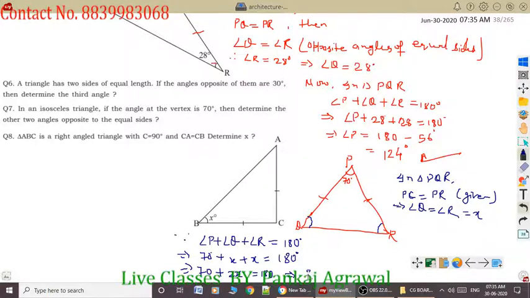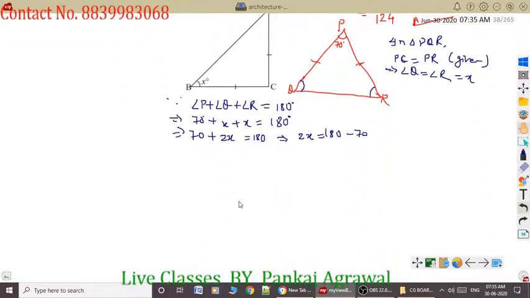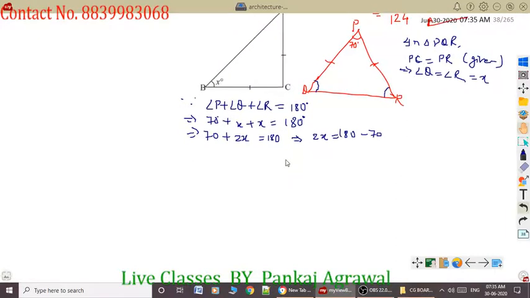And then 2X equal to 180 minus 70, so 2X equal to 110 degrees, then X equal to 110 by 2.